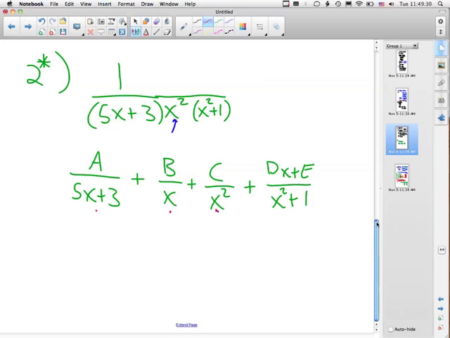If it's x squared on the bottom, we know how to integrate x to the negative 2. X squared plus 1, arctan. Integral of 1 over x squared plus 1 is arctan. So we're always going to be breaking the fractions down into things that we already know how to integrate. And so that's the way the partial fractions work, and that's why we have to know how to use them.